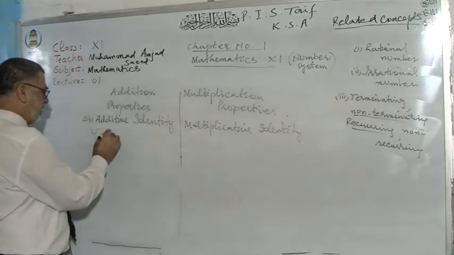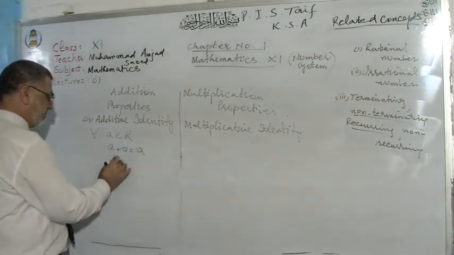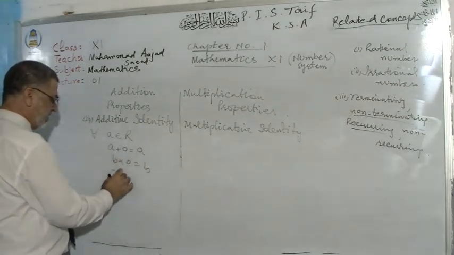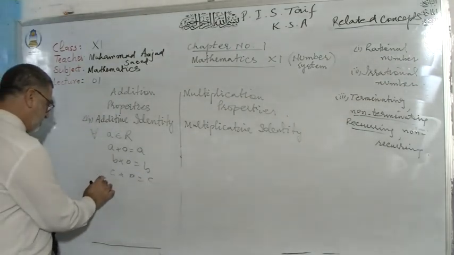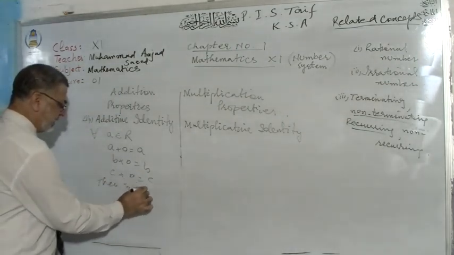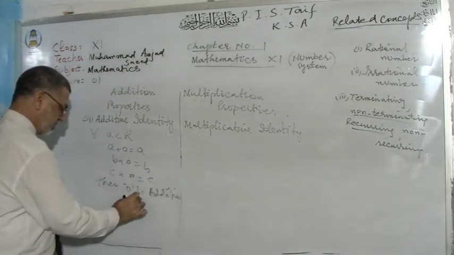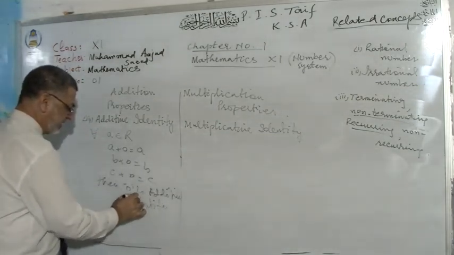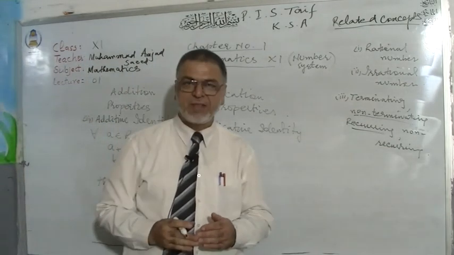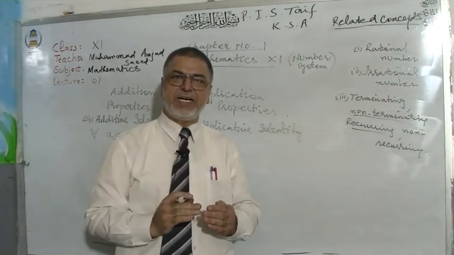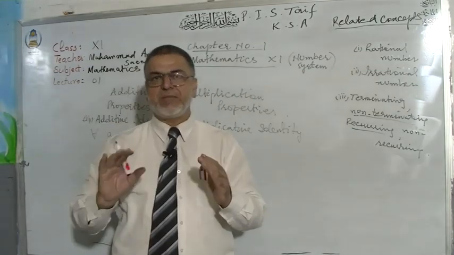For all A belongs to R, A plus 0 is equal to A, B plus 0 is equal to B, C plus 0 is equal to C, what I told you about. So 0 is additive identity. In case of multiplicative identity, a number is multiplied with any number and you will get the same number.